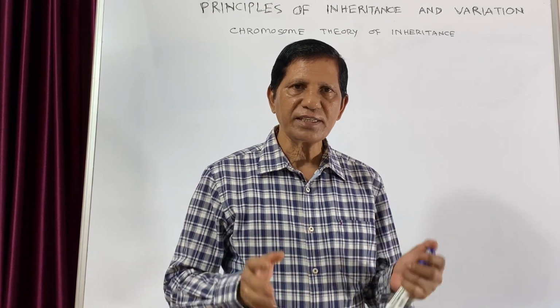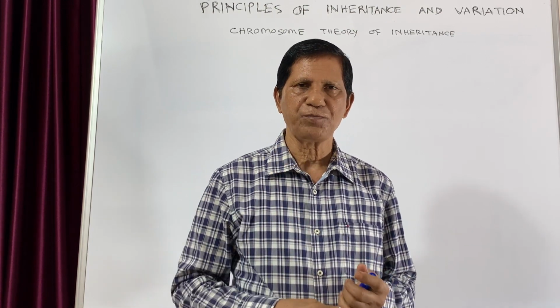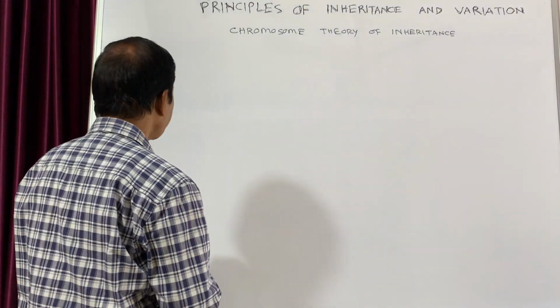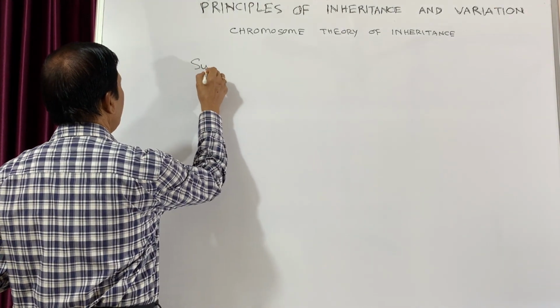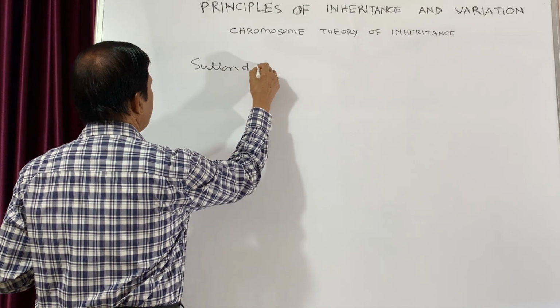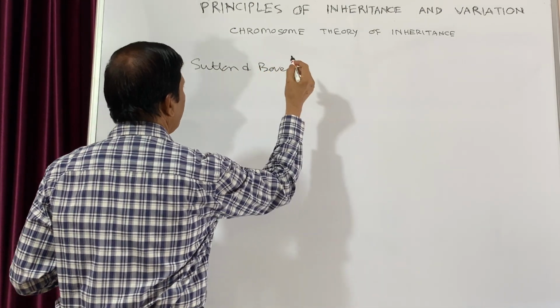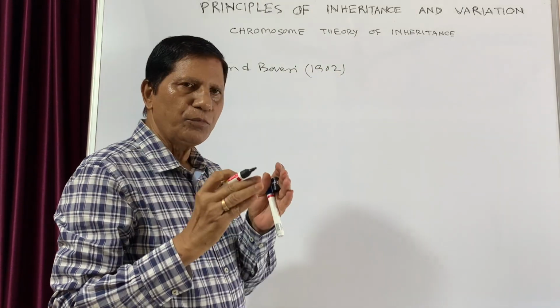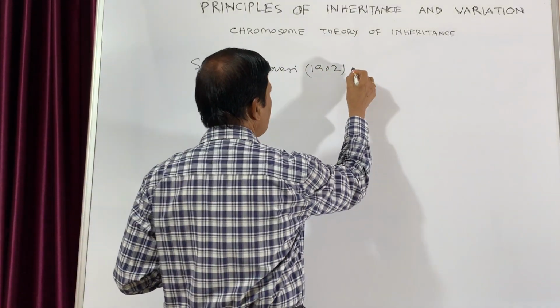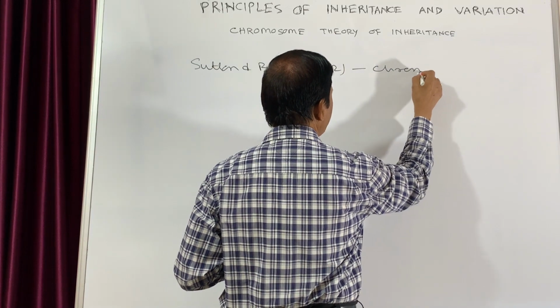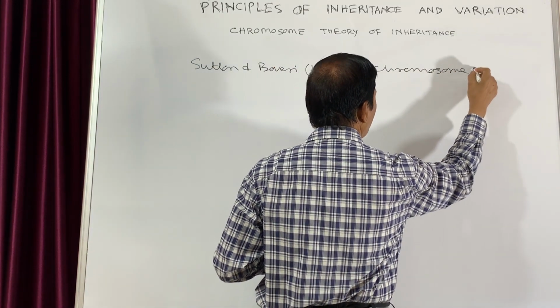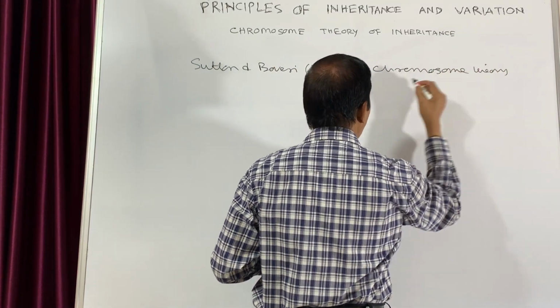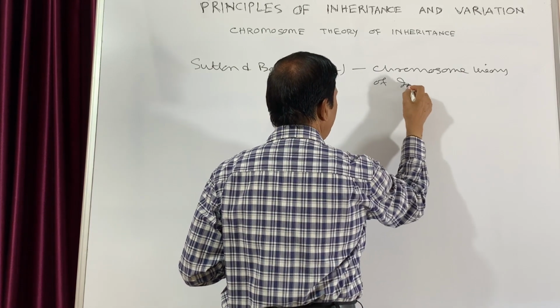So when all these things came, two scientists, Sutton and Boveri, in 1902, put forth a theory that is known as the chromosome theory of inheritance.